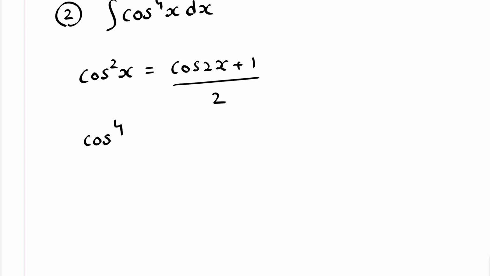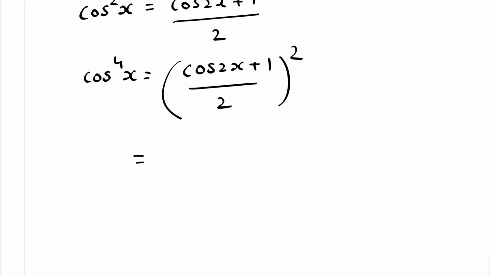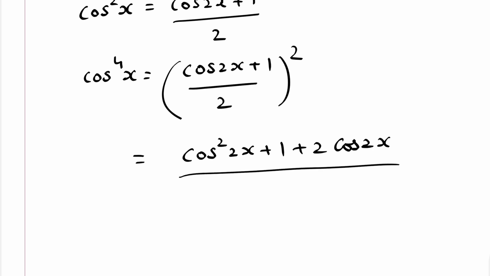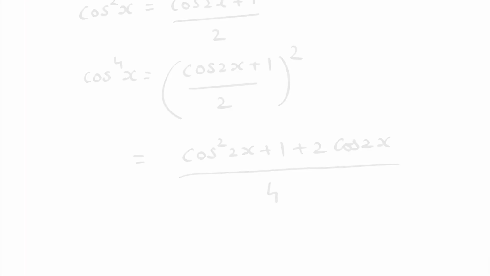So cos power 4x is going to be cos 2x plus 1 by 2 whole square. So if I square the numerator, it is going to be cos square 2x plus 1 plus 2 times cos 2x, divided by 2 square, which is 4.